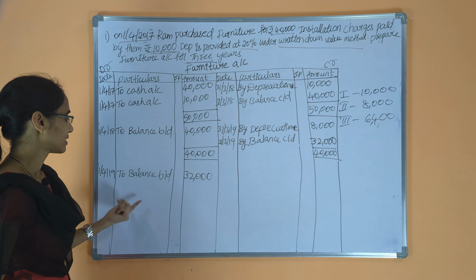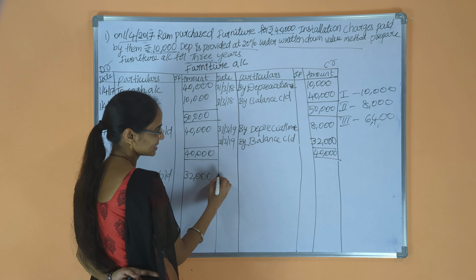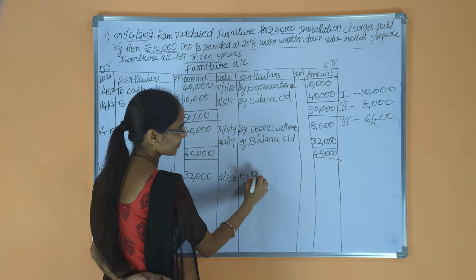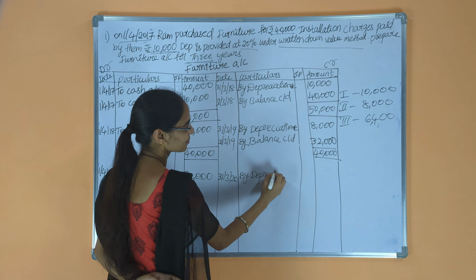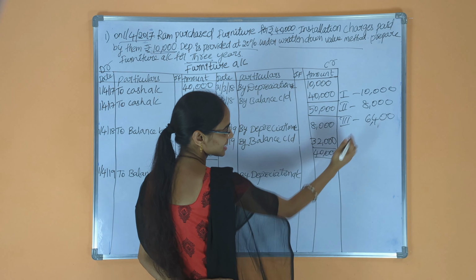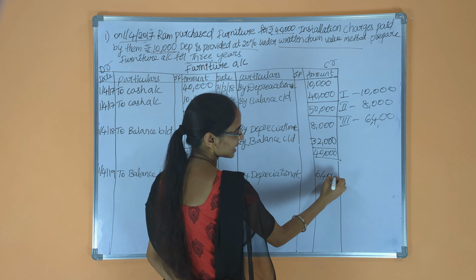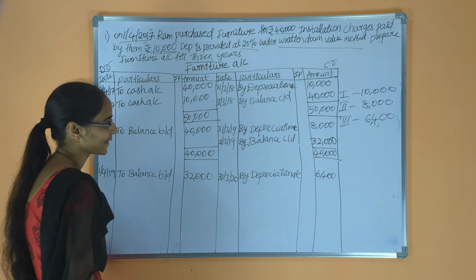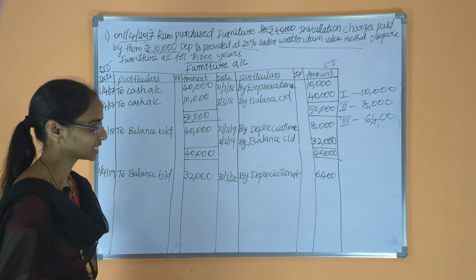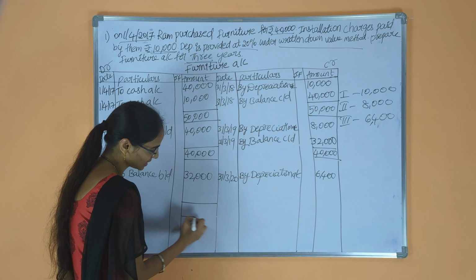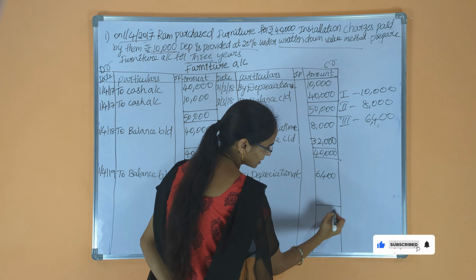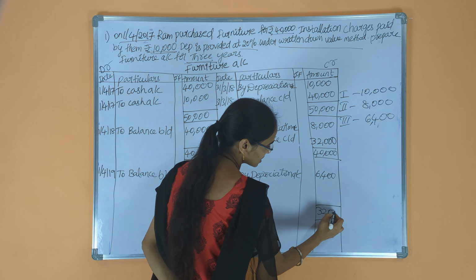Okay. At the end of the year, we calculate the depreciation is 31st March 2020 by depreciation account. How much is the third year depreciation is? 6,400. Okay. Now, in this problem, there was no sales regarding to the furniture. In this year also, we will find out the closing balance. Debit side is 32,000. Credit side is also 32,000.